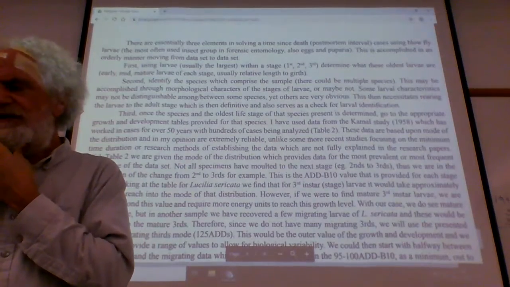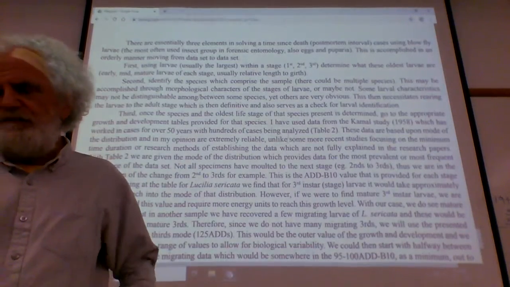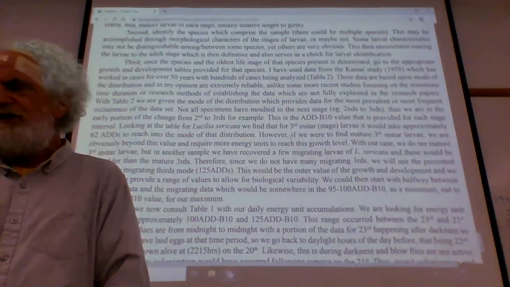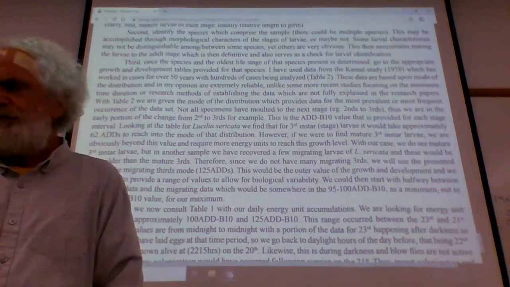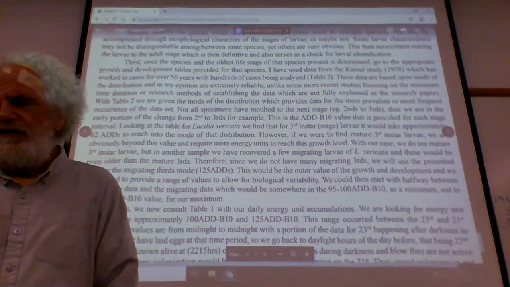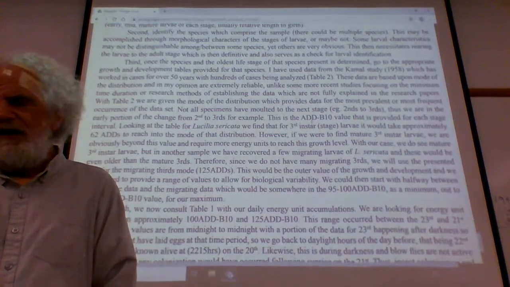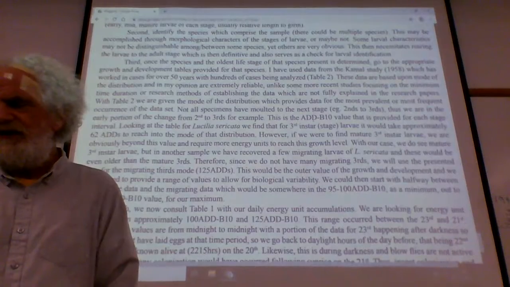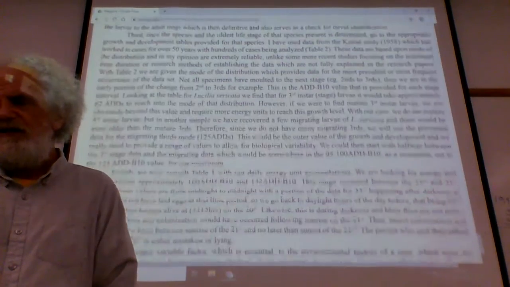And so we've got the various tables that have been provided to us, and the average degree day with the offset of 10 degrees value is provided.